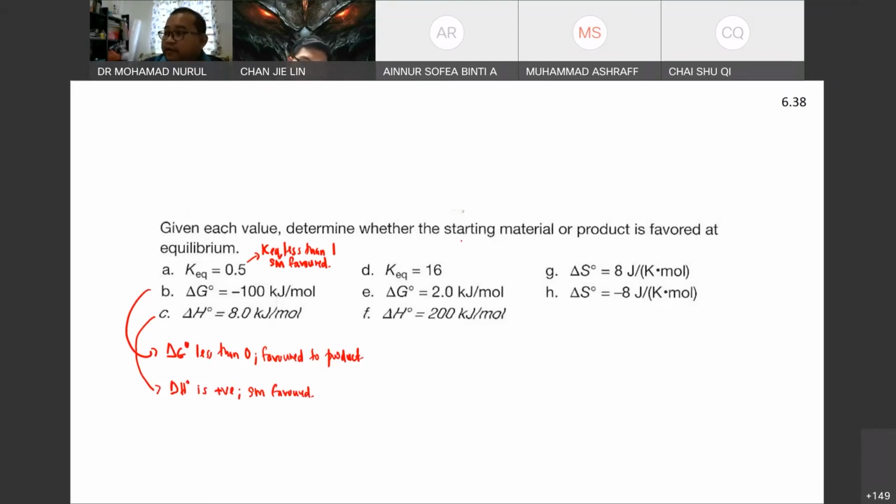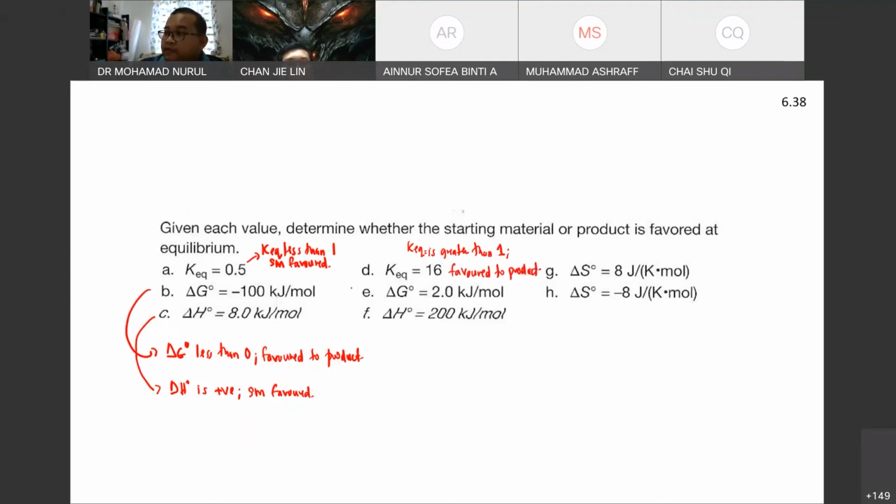Okay, K equilibrium in this case is greater than 1. So they favor product.